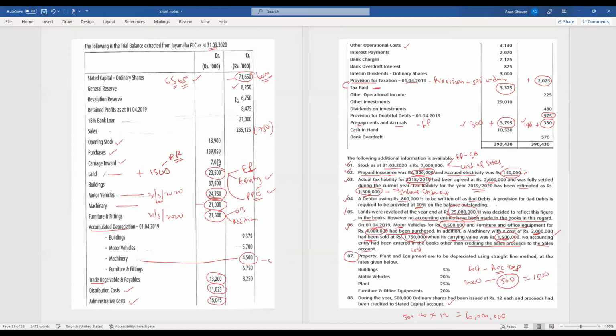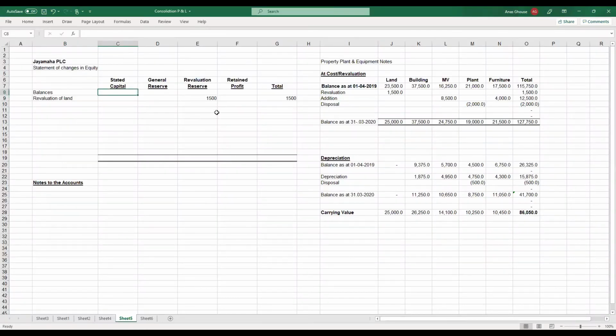We can take the general reserves, revaluation reserves, opening balance, and also we have the retained profits. So let's move on to that section. So opening stated capital is 65,650,000. So we can say ordinary shares issued will be 6 million.